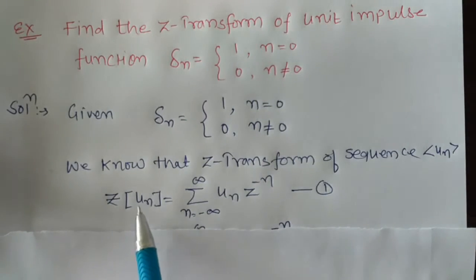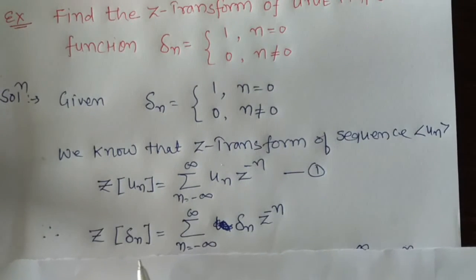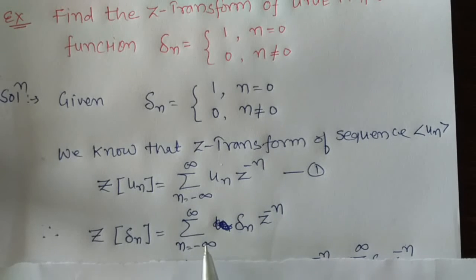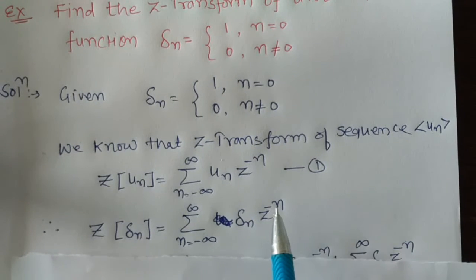Therefore, the Z transform of the given sequence delta n becomes summation n goes from minus infinity to plus infinity delta n into z power minus n.